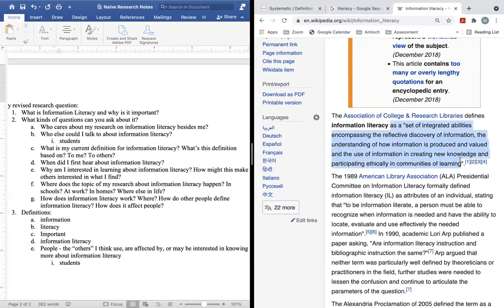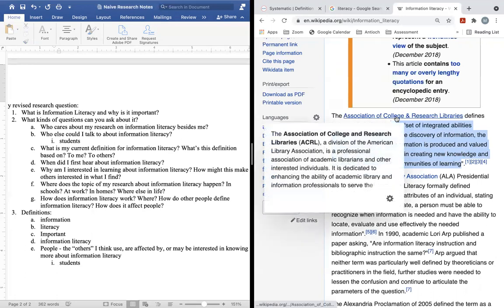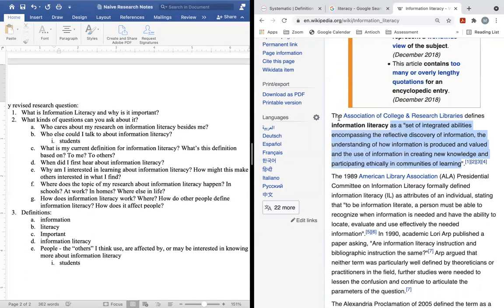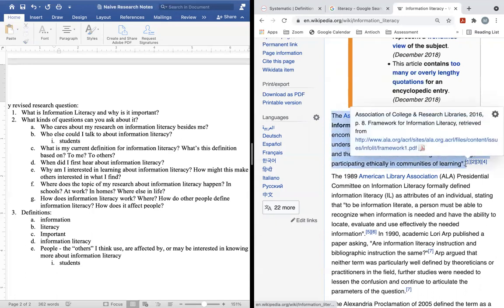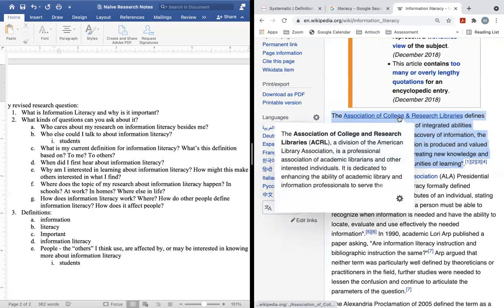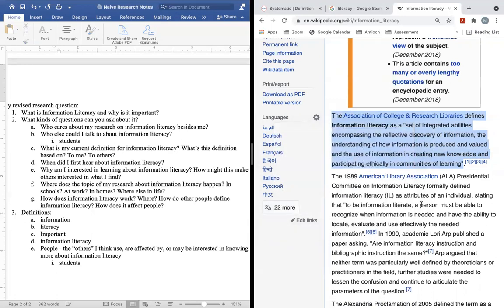And apparently this is defined by an organization. So I might just copy all of this so that I can go back to that organization later and get more information. According to this one organization, here's one definition of information literacy.